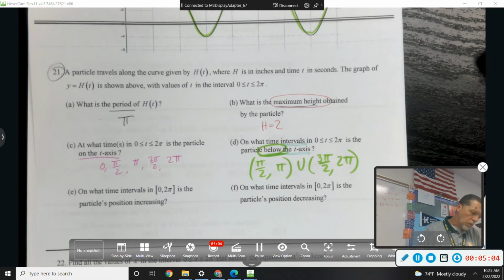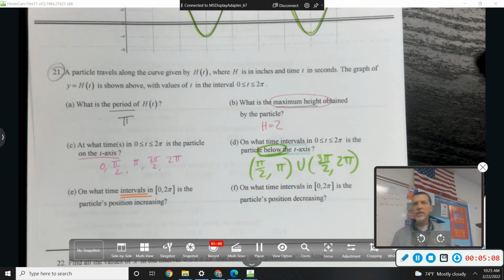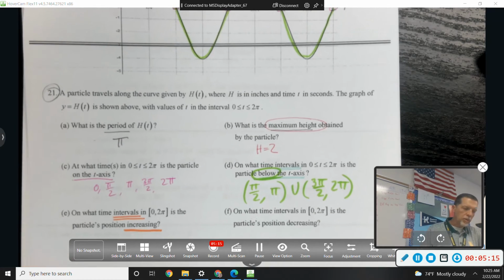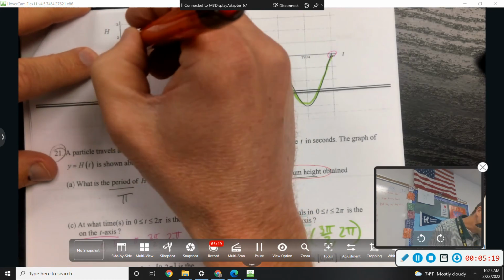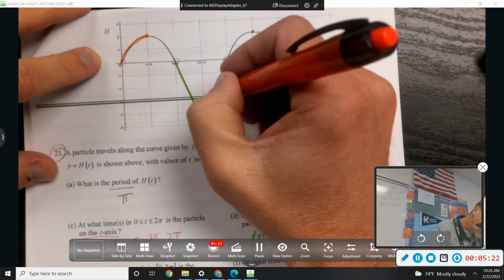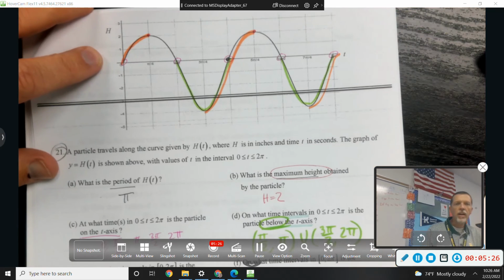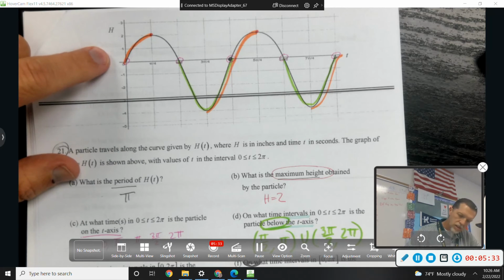Question E. On what time intervals, so again, this isn't going to be t equals 7, this is going to be an interval, is the particle's position increasing? So that means where is it going up? Oh, it's going up there, there, and there. Right. So I'm just looking at where my graph is increasing. So that would be from 0 to pi over 4.